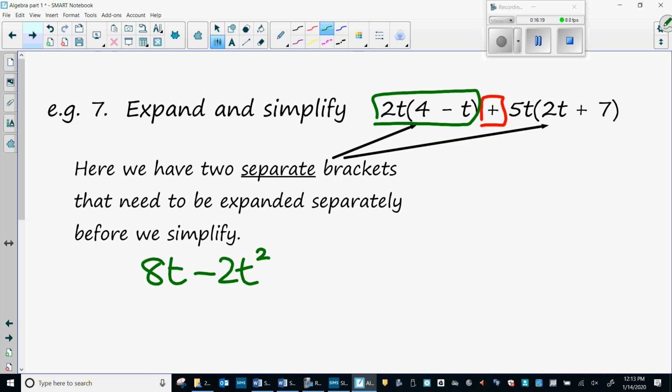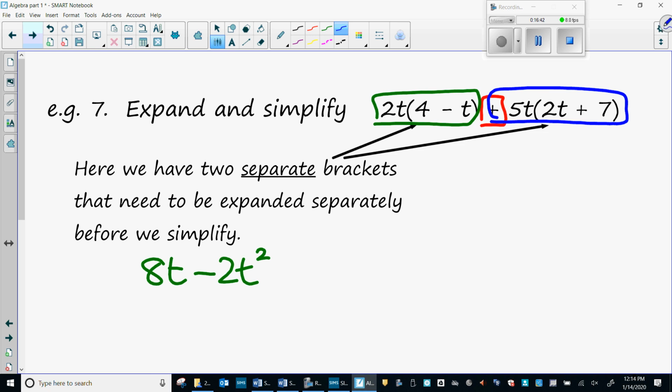Lovely. I'm keeping that in green. Okay, so I've got that separate. Now, I've got my 5, the plus sign in red. But who does that plus sign belong to? The 5t. So I'm thinking positive 5t. So I've got positive 5t multiplied by 2t.